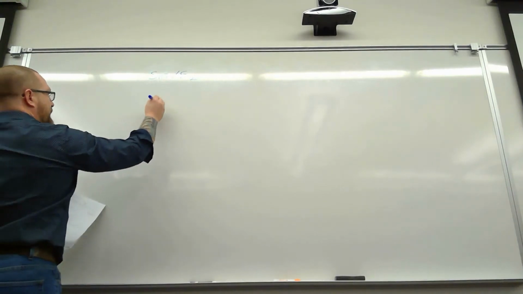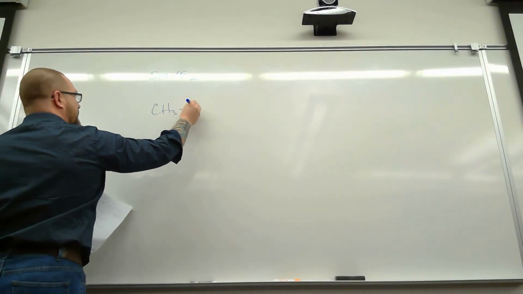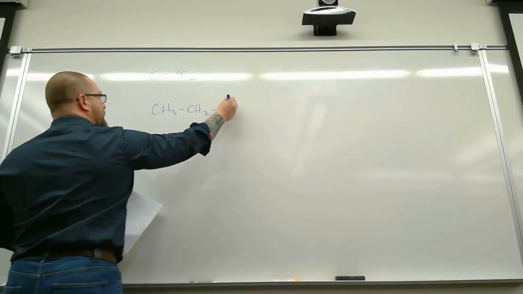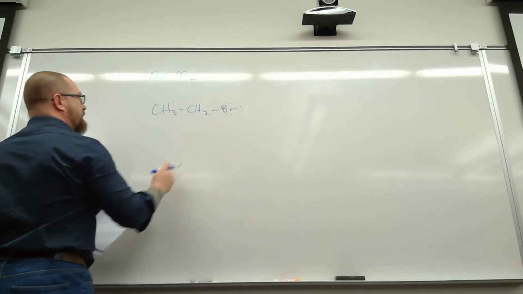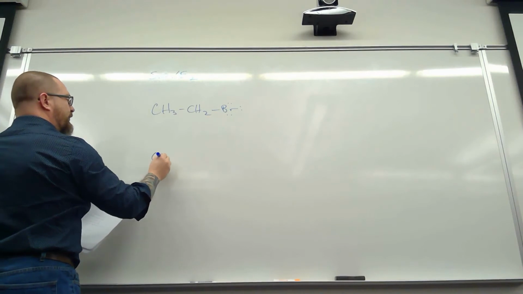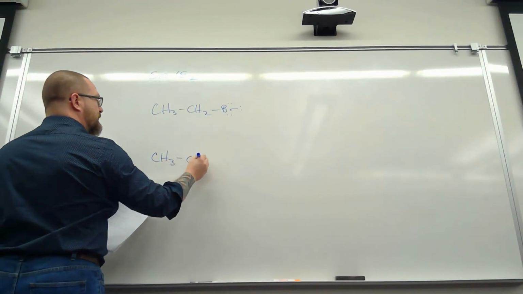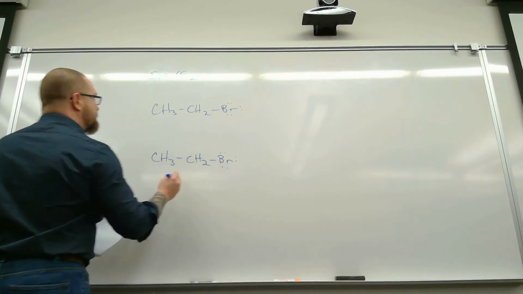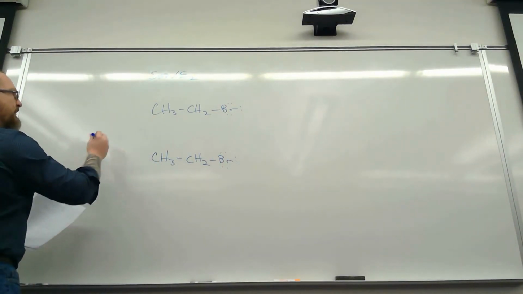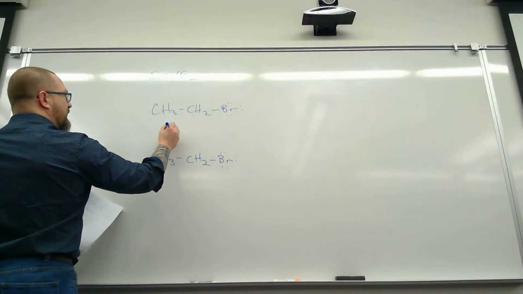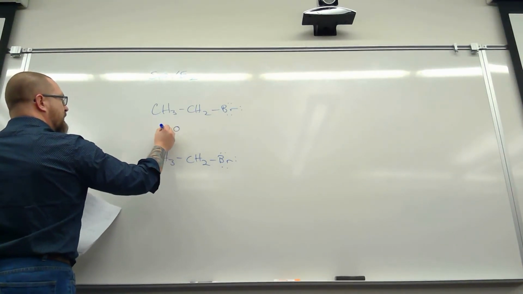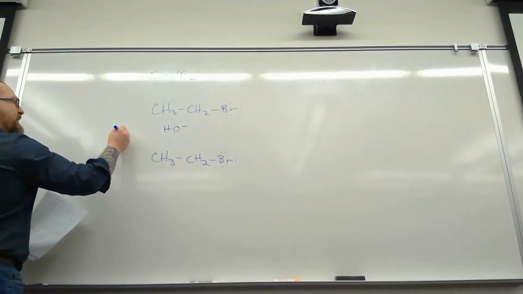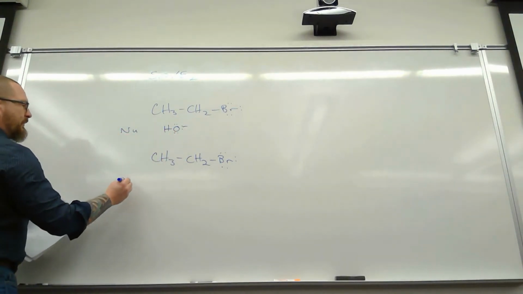Okay, so for SN2, E2, let's say we've got this primary alkyl halide. Now let's say we've got hydroxide, and in this case it's going to act as a nucleophile.